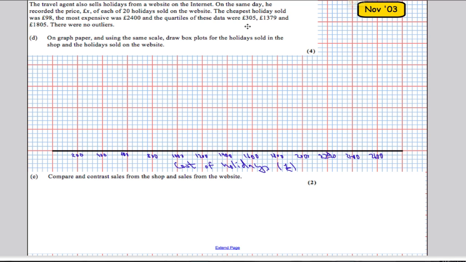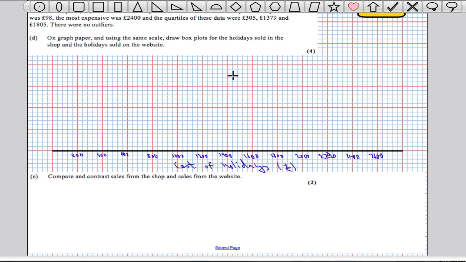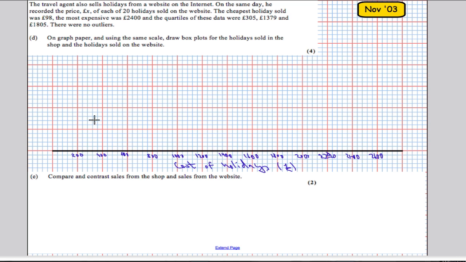Okay, so the quartiles are 305, 1379, 1805. Right, we need 305 as the lower quartile. Well, 300 is going to be right smack bang in the middle, so just marginally bigger than that. And the upper quartile is 1805, which is just going to be a tiny fraction bigger.